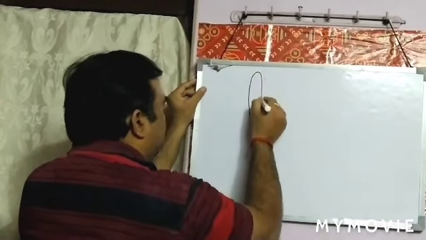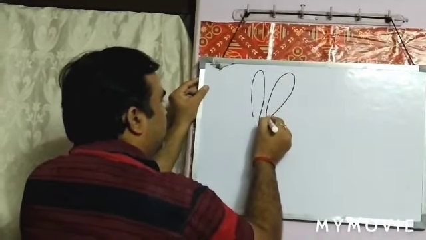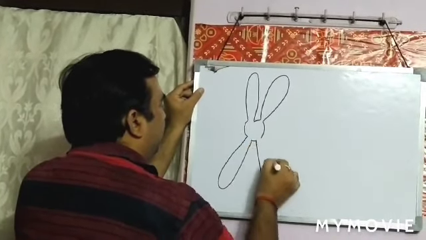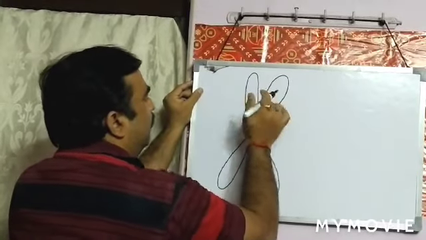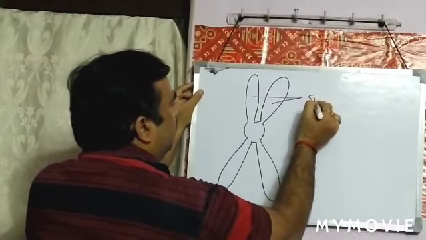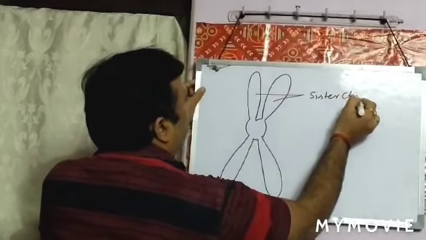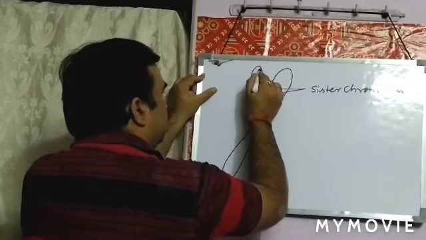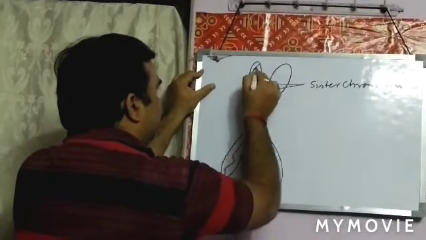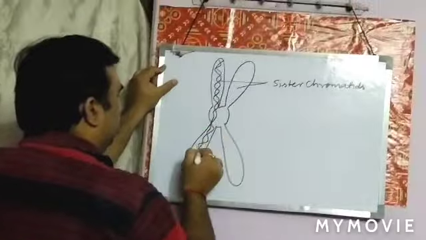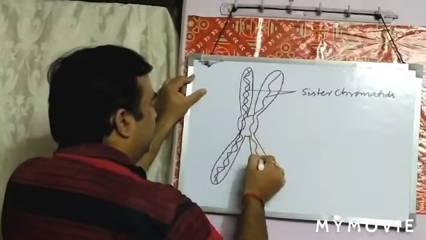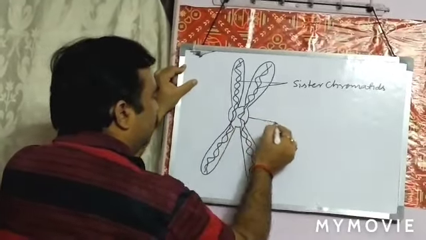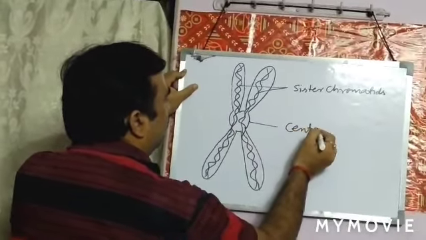When we see the structure of chromosomes, I already discussed, but once again I discuss here. Chromosome is made up of 2 chromatids. These chromatids are considered as sister chromatids. Both chromatids are connected with each other by a point, and that point is known as centromere.